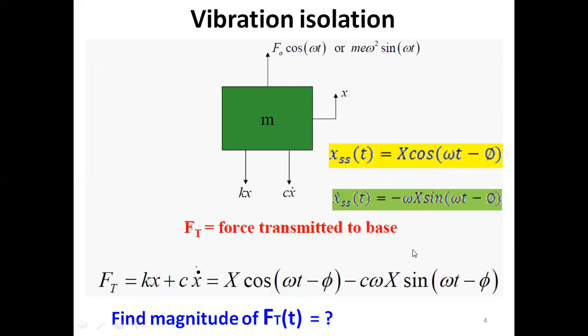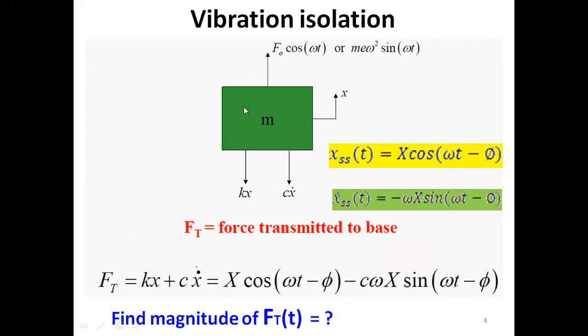In order to find the force transmitted into the foundation, we have to make the free body diagram of our system. This is the free body diagram. We have the mass, and on the mass we show all of the forces.